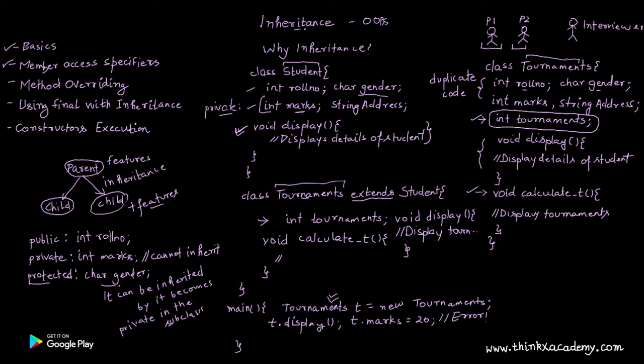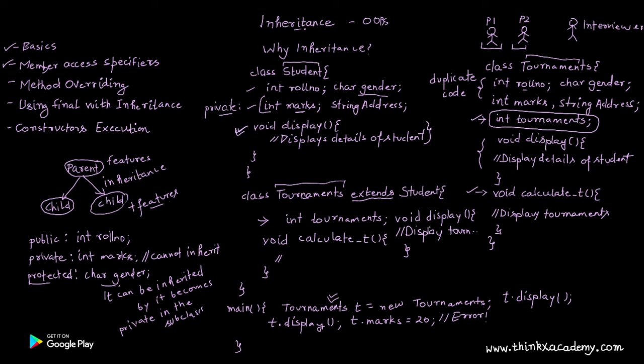So the interviewer asks P2 that if he writes a function here with its own implementation in this tournaments class, what will happen if you call the display function like this? Which display function is this line going to call?